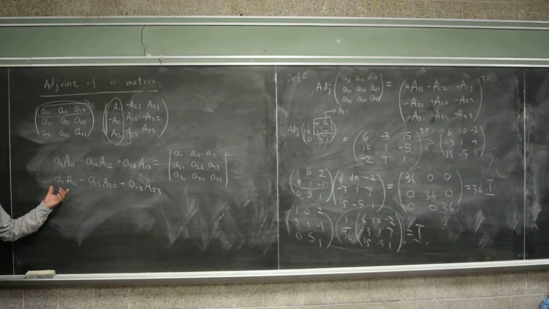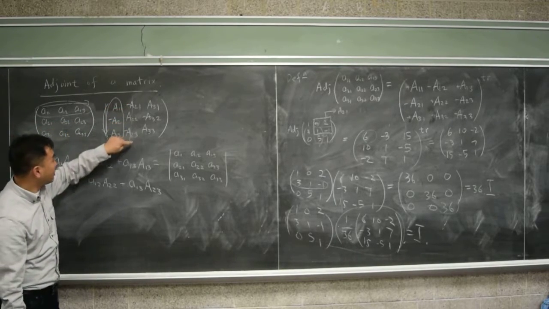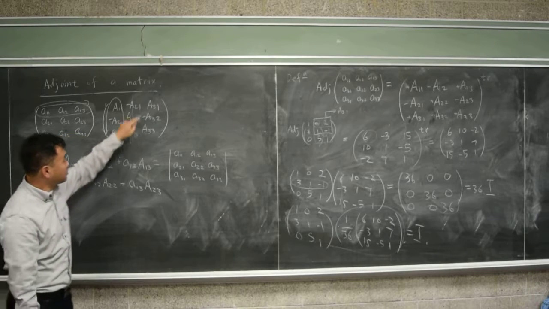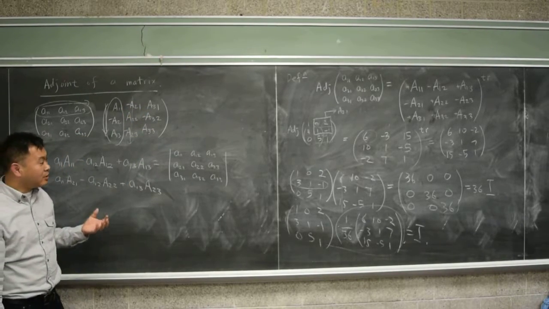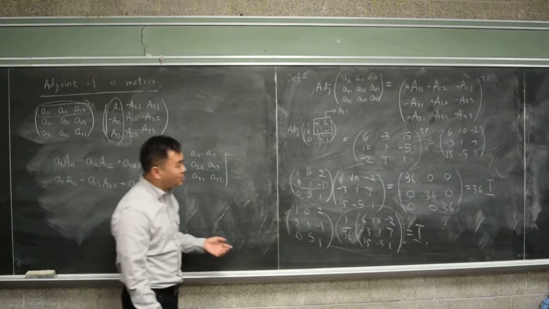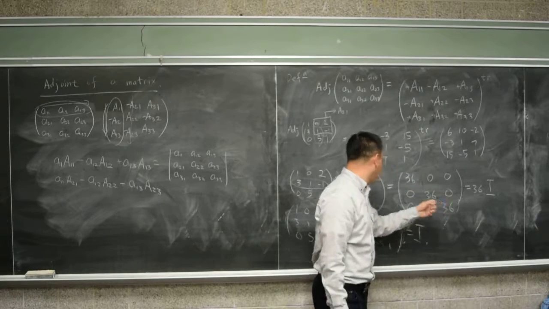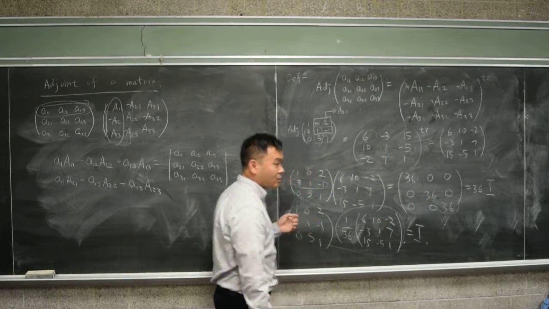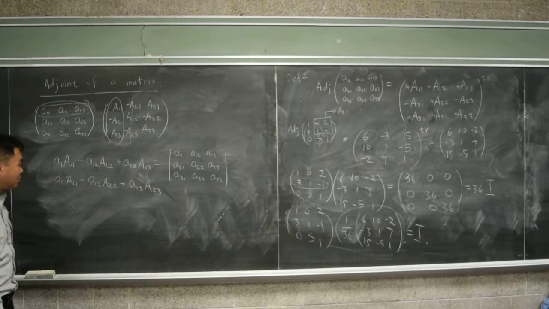Now this time this is not a determinant, okay? In fact, only when you multiply the second row by the second column and third row by the third column, you're going to get the formula for the determinants. And that's why you're going to get the same number on the diagonals. So on the diagonals will be the determinant of the original matrix. Okay? That's what we figured out while I was trying to explain why this happens.